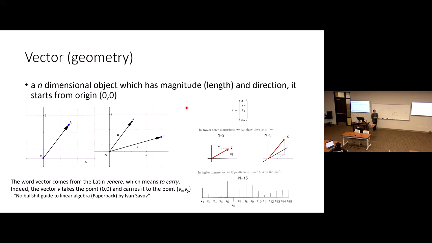Now you need to use your imagination. If this goes to n, then you have variable number n. So you have to imagine n dimension, higher than 3D, so n dimension space.